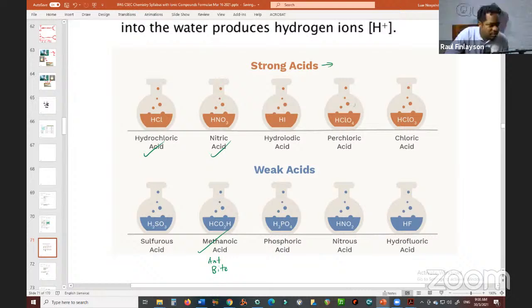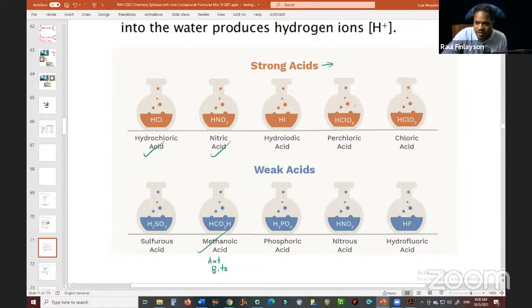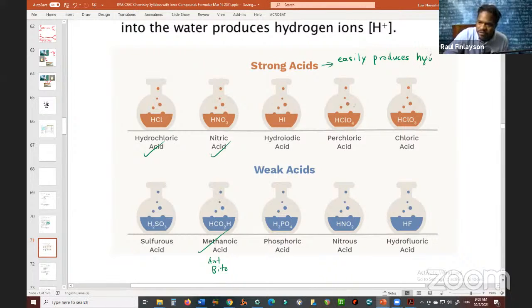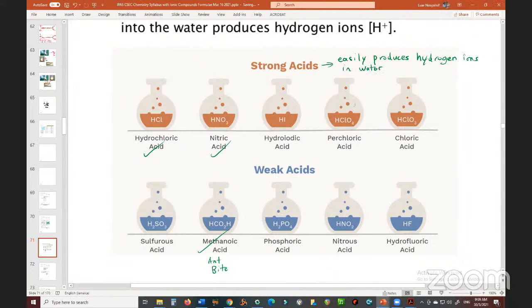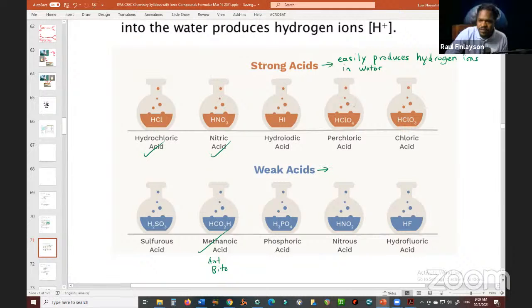A strong acid is an acid that easily produces hydrogen ions. Okay, that's basically it. And then a weak acid does not easily.